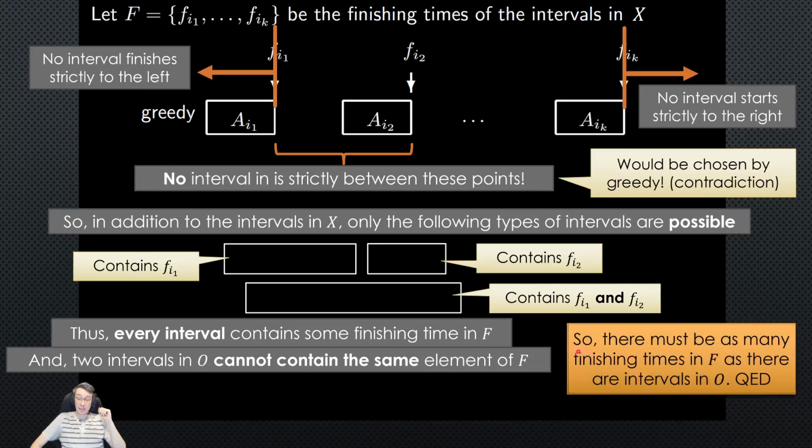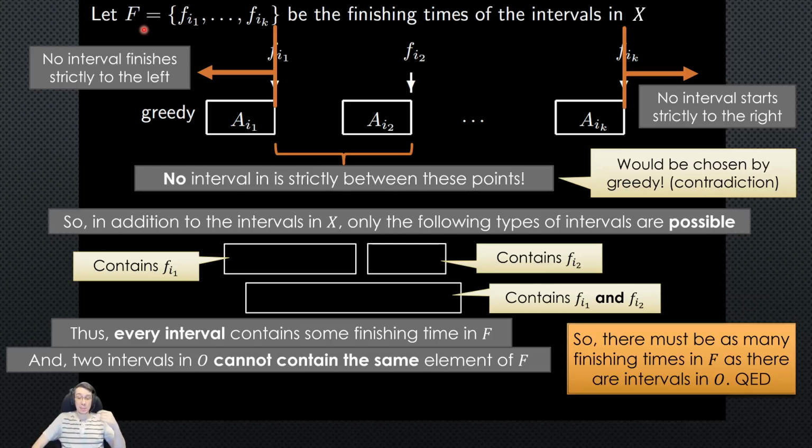So what this means is there must be as many finishing times as there are intervals in O, because 2 intervals can't contain the same finishing time, so each interval in O has to contain its own finishing time. We've said every interval has to contain a finishing time, so every interval in O has to have its own finishing time in F that it contains.